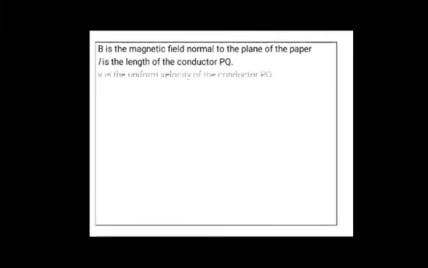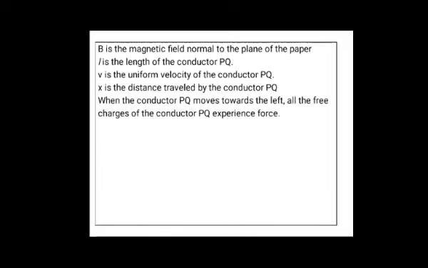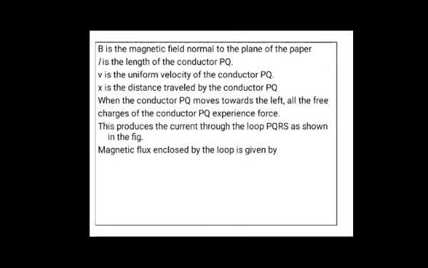So what is L there? Length of the conductor, and X is the distance travelled by the conductor. When the conductor PQ moves towards the left, it experiences a force. This force produces current through the loop PQRS.